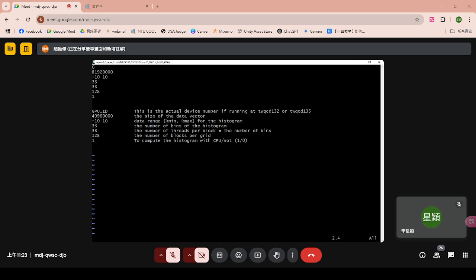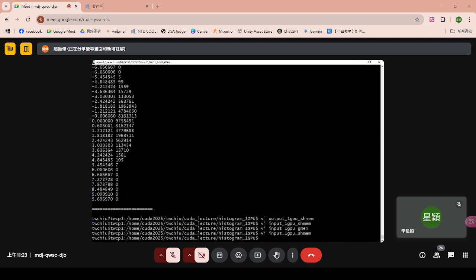And then this is the 32 bits. The block size was 64 in the case of the global memory. But for the shared memory, the number of threads per block must be equal to the number of bins, so I have to set it to 32. And then you can see how this time compares to using the global memory.